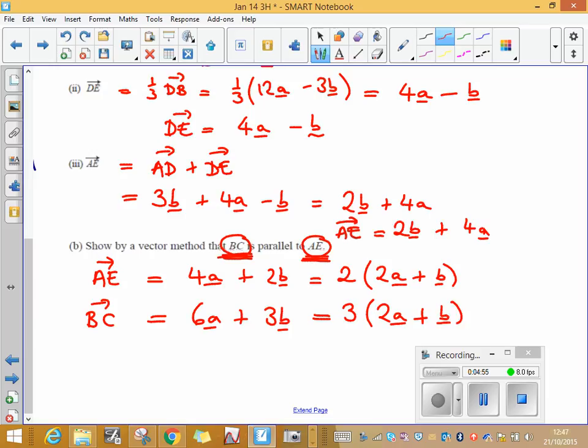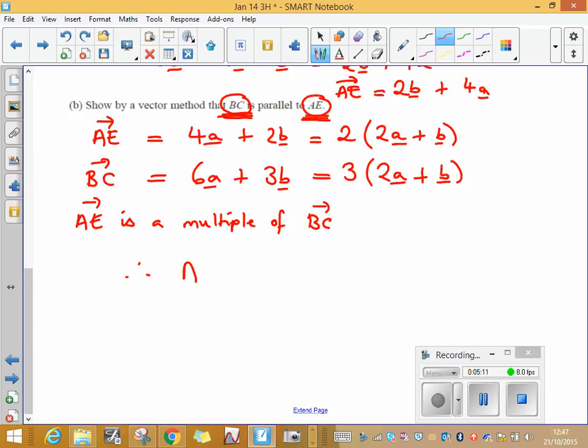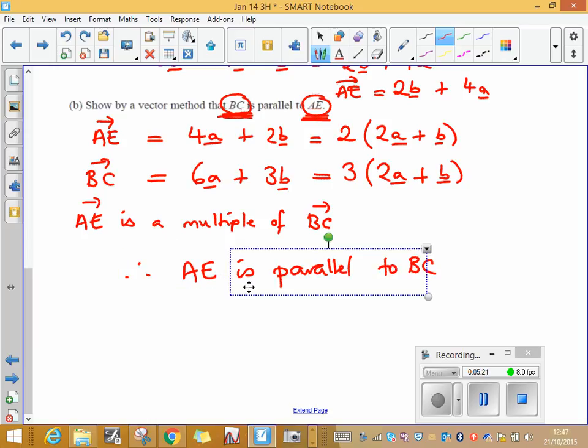From this then, I can see that the vector AE is a multiple of the vector BC, so they are both multiples of 2a plus b. Therefore, if two vectors are multiples of each other, then they are parallel, so AE is parallel to BC, which is what we want.